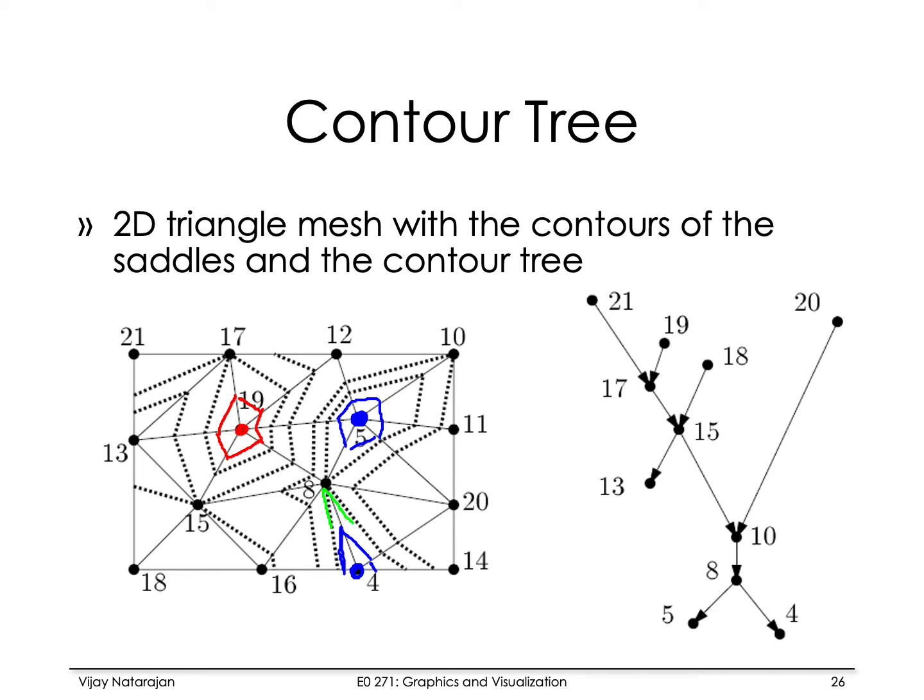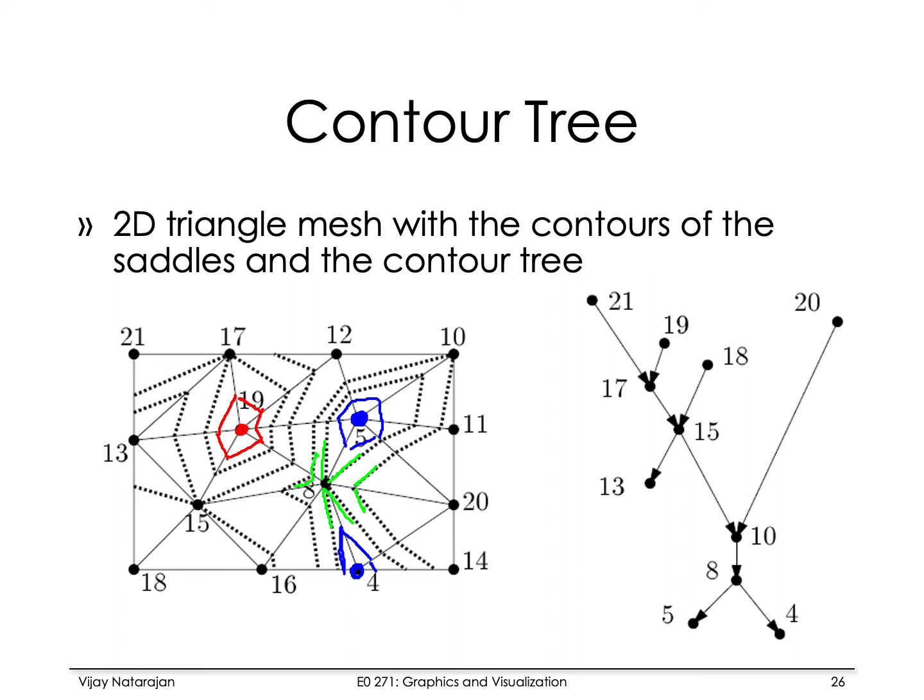The two components that started from 4 and 5 respectively merge at 8. And after 8, they again seem to split into 2 more. So this is what happens after they cross 8. Again, something significant seems to be happening to the isocontour component after it crosses 8.